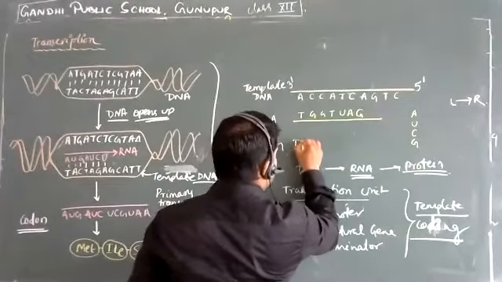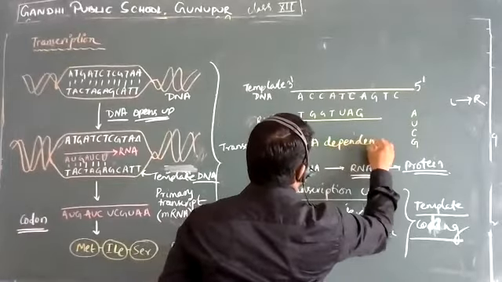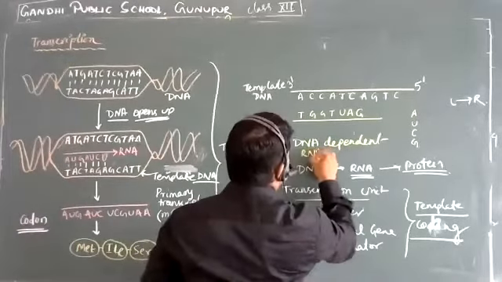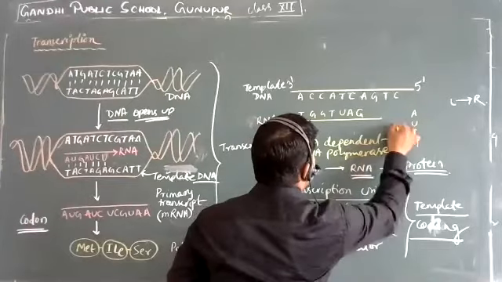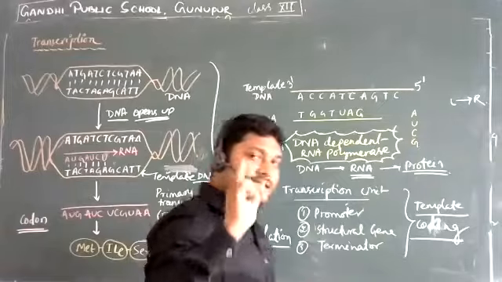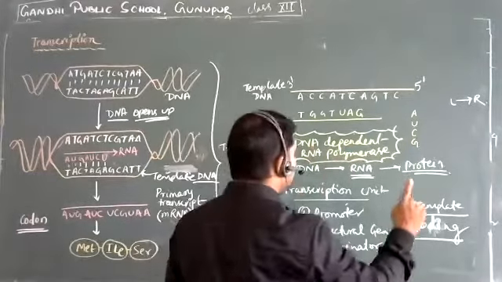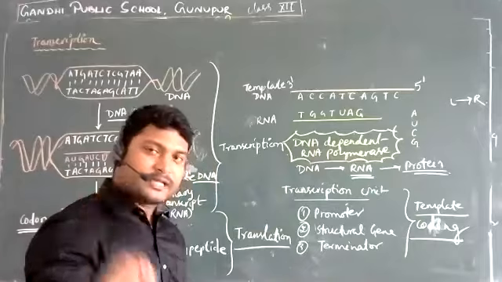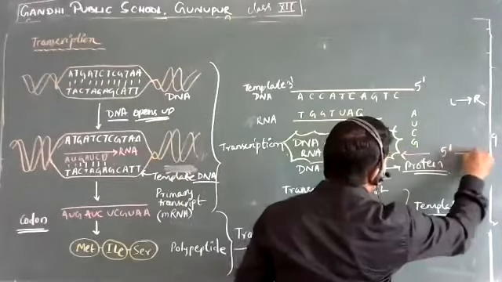DNA dependent RNA polymerase. Excellent. It's simply RNA polymerase, or it is called DNA dependent RNA polymerase. And this enzyme, dear students, is going to polymerize only in a particular direction, and that is 5 prime to 3 prime.